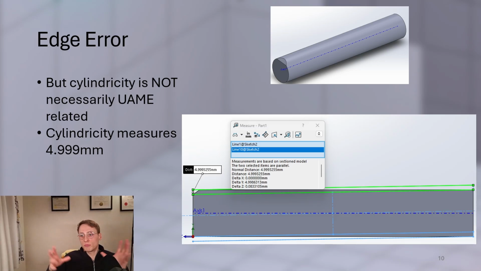And functionally, it does not matter. Basically, with any reasonable edge error, you would treat this as the same.